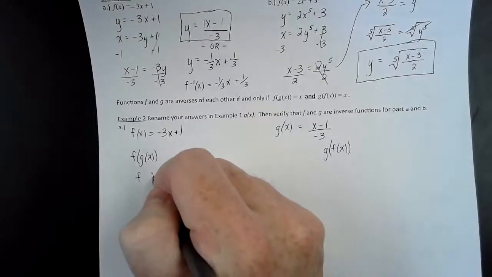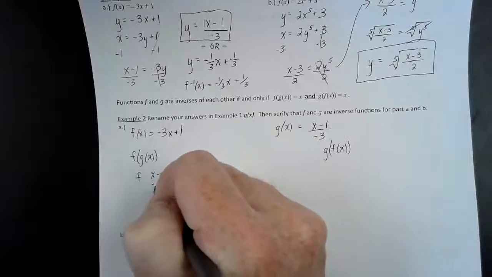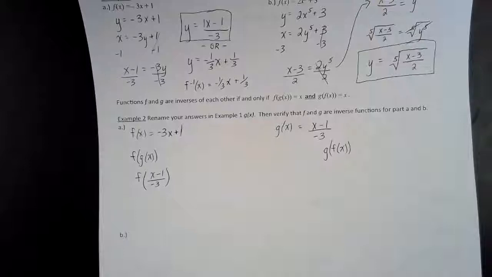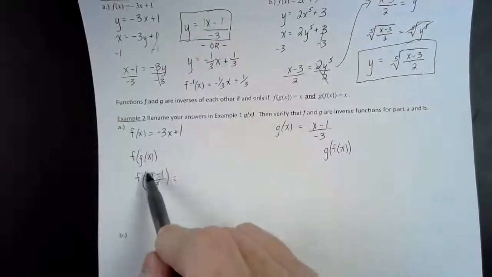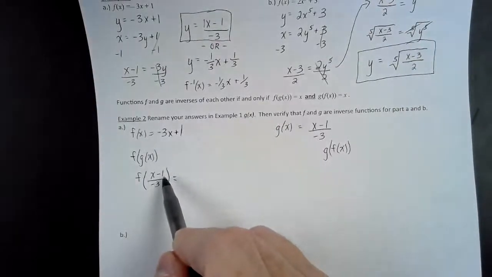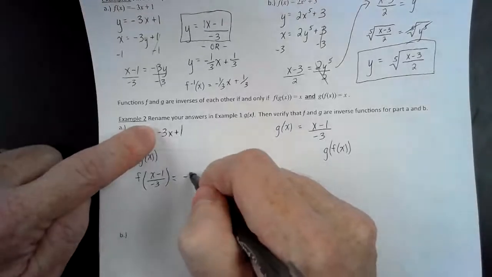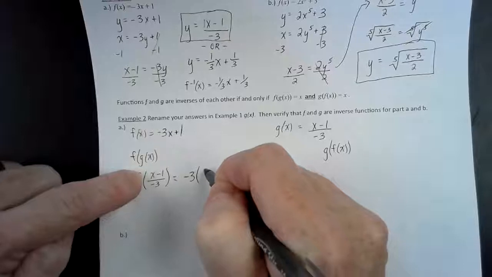So I'm going to plug that in, x minus 1 over negative 3, into f. So that means this is getting plugged into x in the f function. So we have negative 3, and now this thing is getting plugged in.